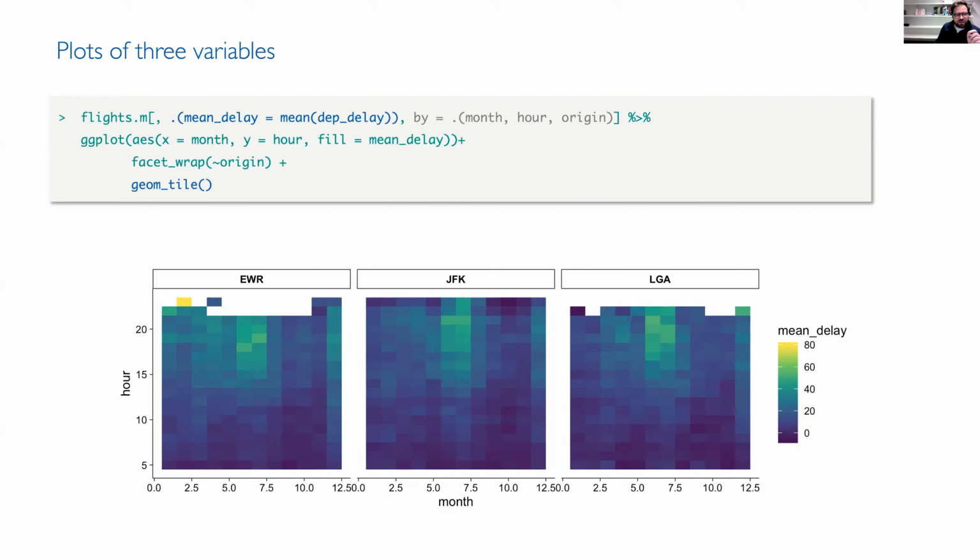Yes, so this facet wrap is just to say, take one column of the data table, in this case origin, and group the data according to this column. Then we make one plot for each of these origin airports and put them next to each other, as many as fit on the screen.